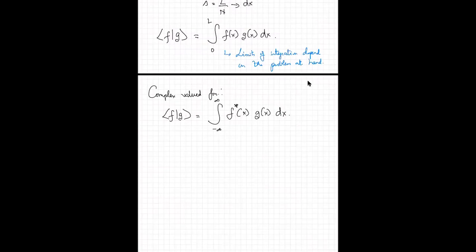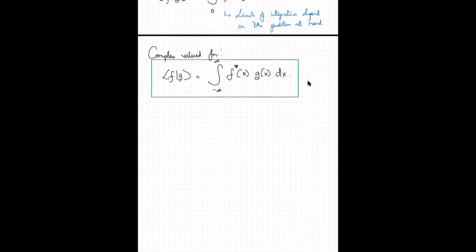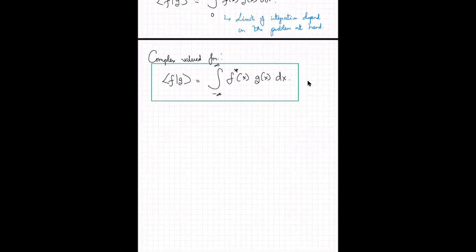So this would be my definition of inner product in the function space. With this definition, the norm in this space, ff, would obviously be the integral from minus infinity to infinity of f star of x, f of x dx, which is the integral of mod f of x squared dx.